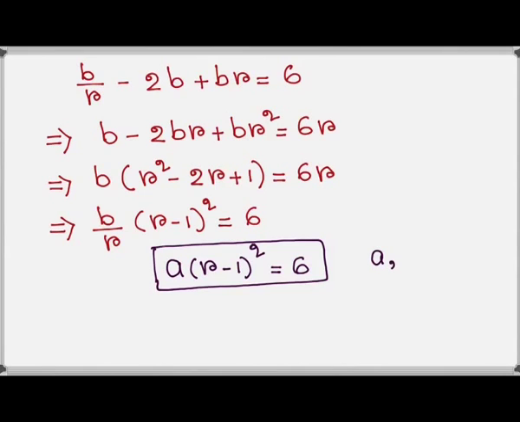We also know that A and R, both of them are positive integers. Note that the only possible positive integer solution of this equation is R is equal to 2 and A is equal to 6. So we substitute A is equal to 6 in this expression.